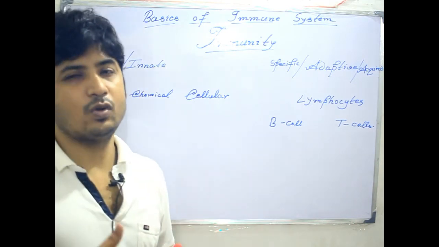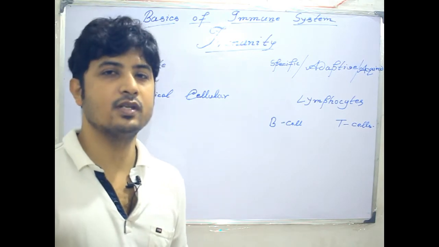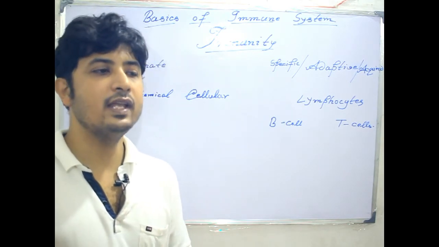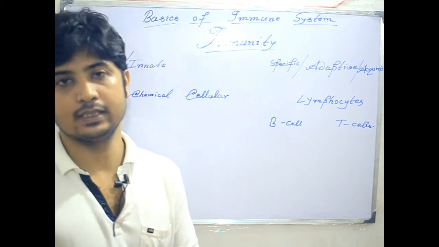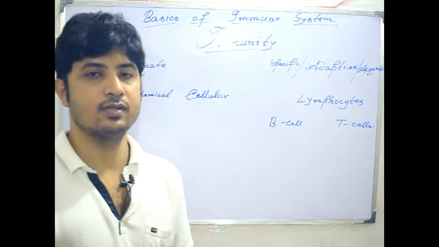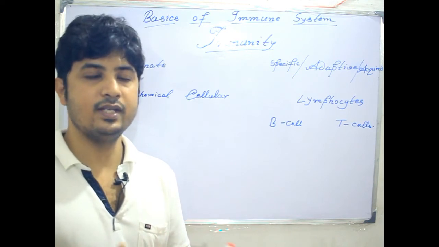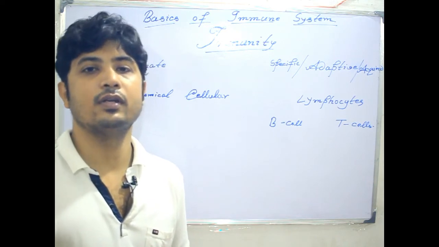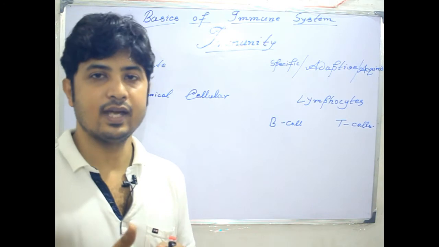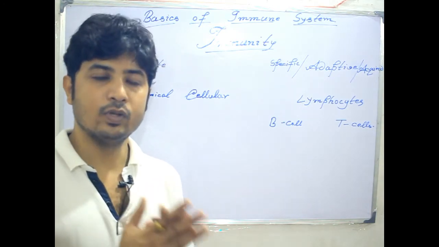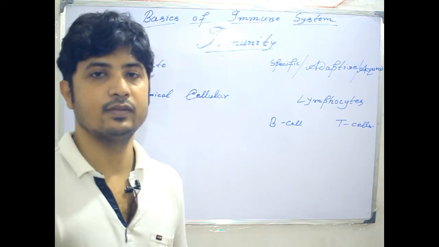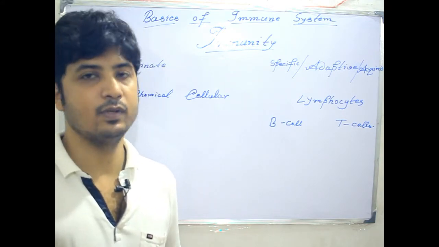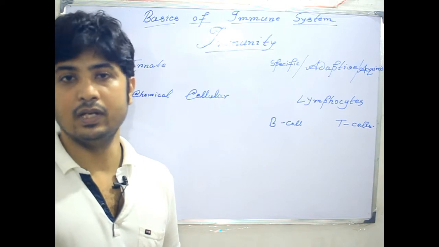So why is it called non-specific? Because non-specific means it will attack any kind of foreign material or foreign antigen. Antigen, you know, is any foreign object that poses a threat to our immune system. It may be a polysaccharide, it may be a protein, it may be a lipid.